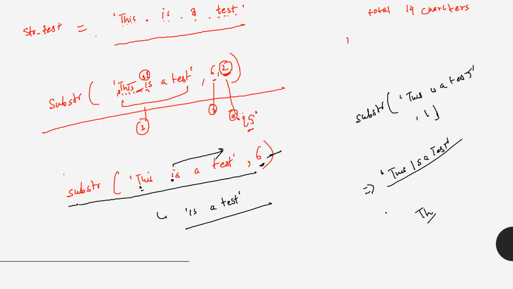So let's play more with these. Okay, let's do more examples. I want to fetch out this area code. How will I do that?